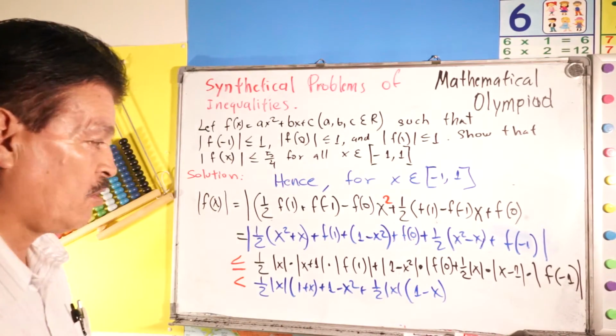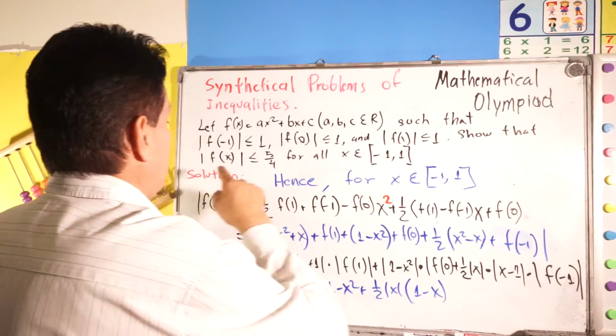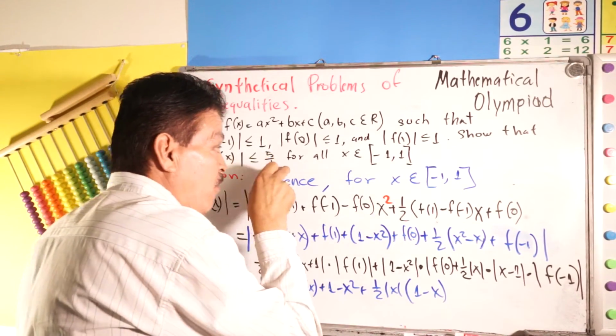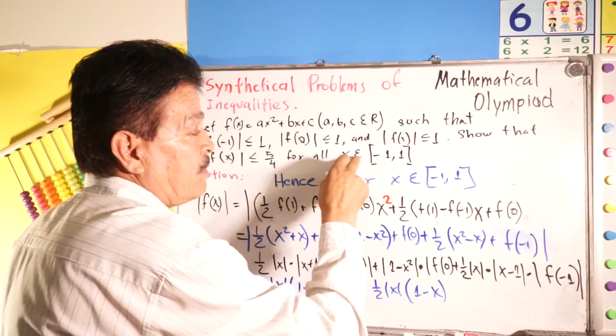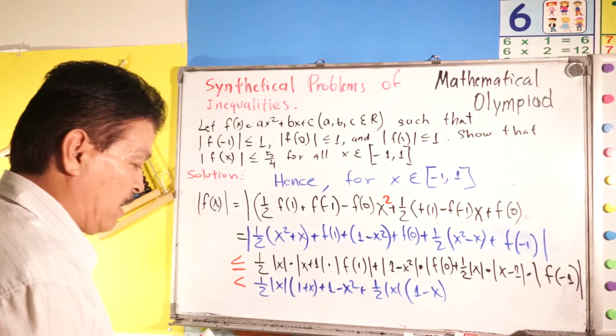Almost done. Remember, we have to show that f of x is less than or equal to 5/4 for all x in the interval [-1, 1].